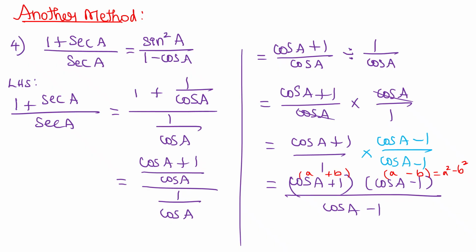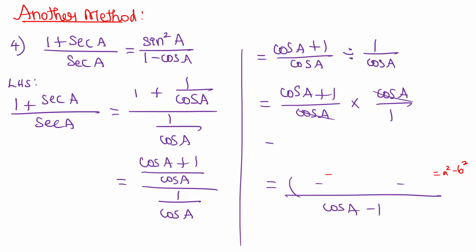But now when you take cos square A minus 1, you will not be able to arrive at the answer. So I am going to change it a little. You will get minus sine square, and the denominator also will result in minus. You will feel it is so difficult.